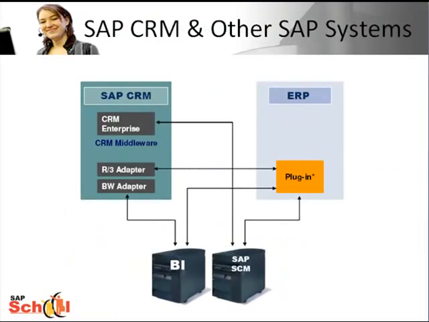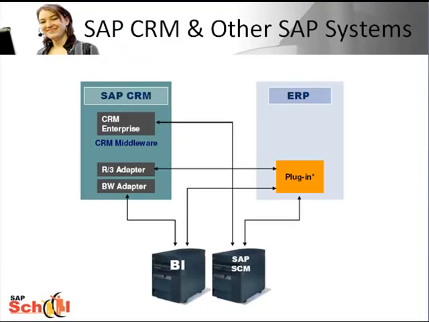So, looking at it in another way, the diagram shows roughly how SAP CRM communicates with the ERP system at the backend. So CRM has something called the CRM middleware, which helps it communicate with the backend ERP system using something called BDocs, which are business documents, and we will be going into a little more detail on what BDocs are in a little while.